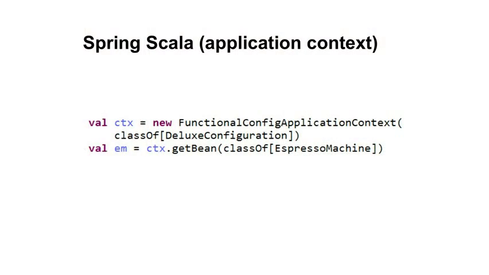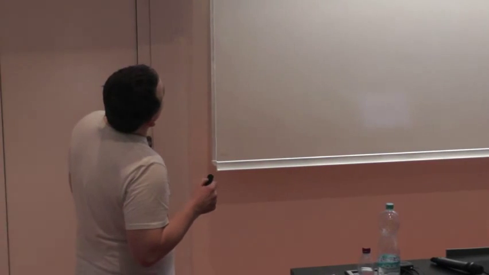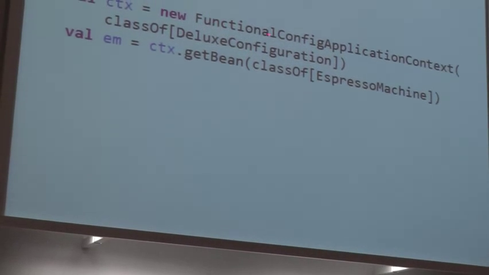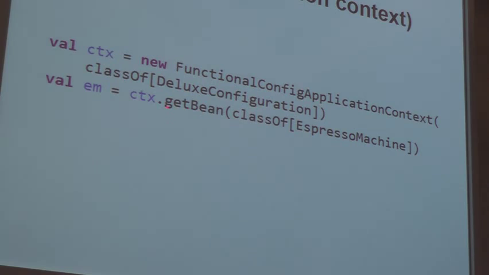You give it the instance of the class of the configuration, and later you can call the getBean method that is contained in the, I guess, application context or bean factory interface for Spring. So this here is nothing new. It's a method from the old application context, but the new thing here is this class. So you access the beans using this method.